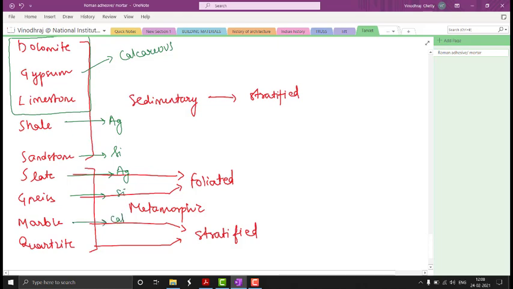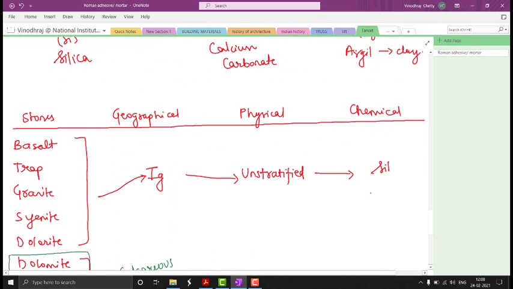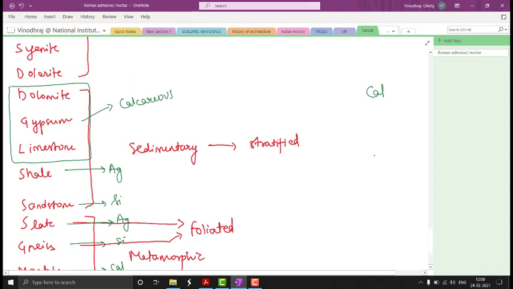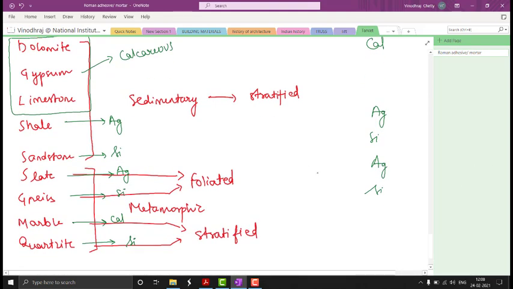Marble is mainly of calcium carbonate, so it is calcareous, and quartzite is again silica. Okay, so there is AgSi, AgSi, CalSi. So you can remember in a pattern. So first five are siliceous, next three are calcareous, then there is AgSi, AgSi, Cal, and Si.